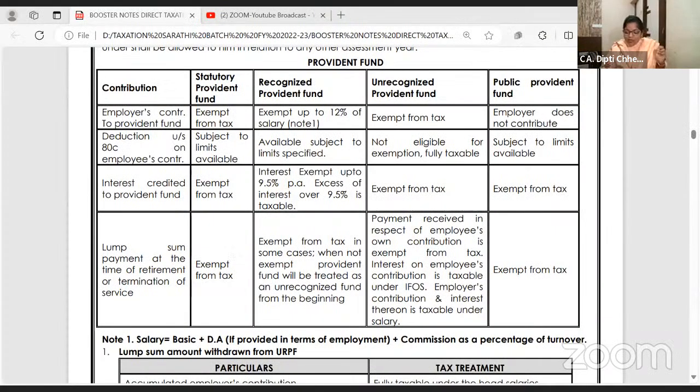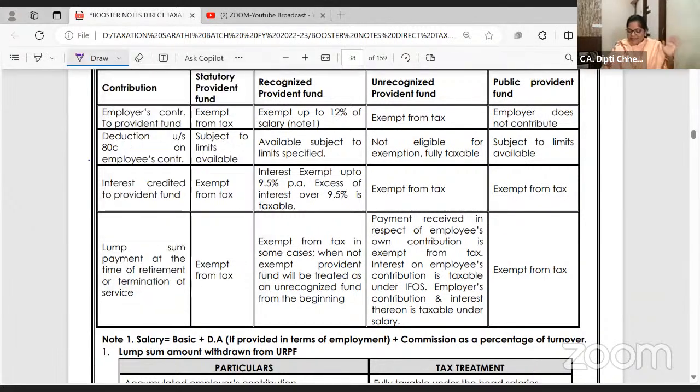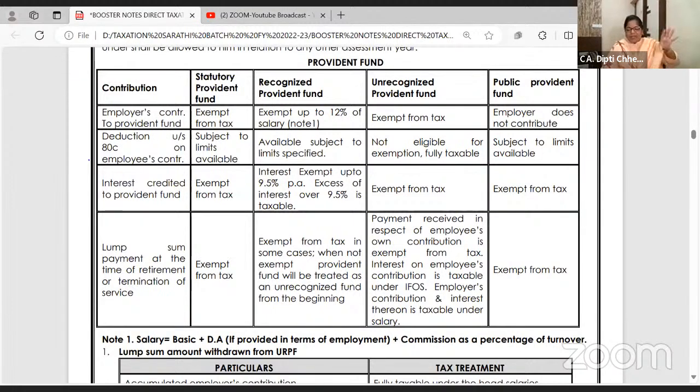Let us begin now. There are 4 types of provident fund which are very important for your exam. Let us begin with the first one, which is not in this category much, but it's a type of provident fund, so I'm doing it first. That is your Public Provident Fund. Everyone in the class knows that when we say PPF, you get 80C deduction.